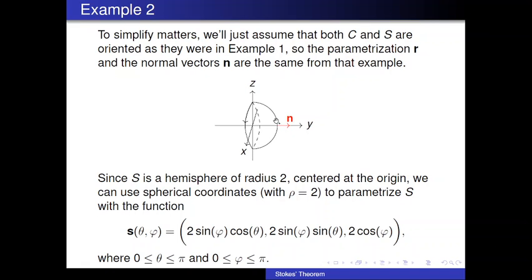But to get just this right hemisphere, we're going to let theta vary from 0 along the positive x-axis to just pi. I think this is maybe the first example we've seen where theta is not going all the way around, right? So we're going to cut it off at just pi. All right.